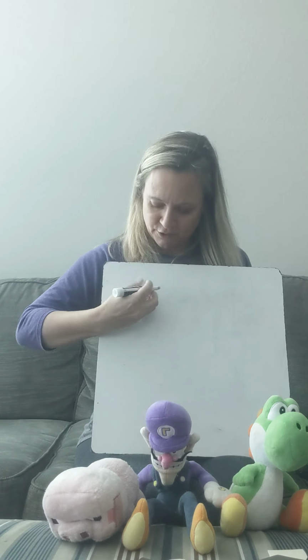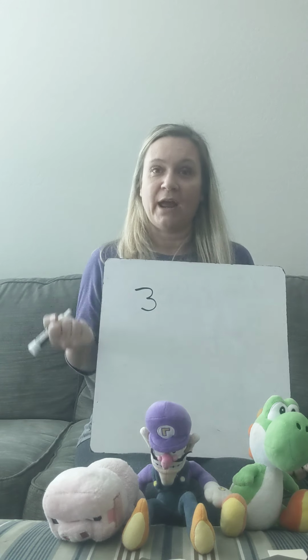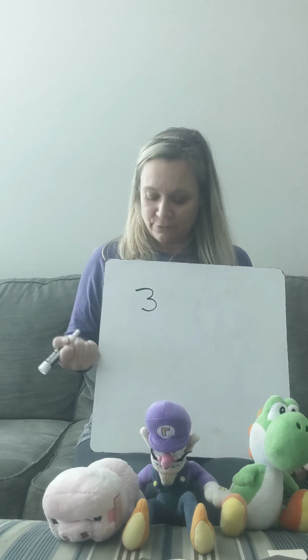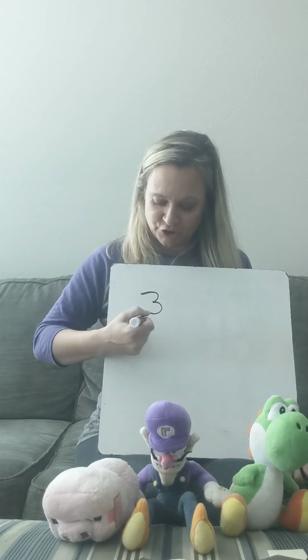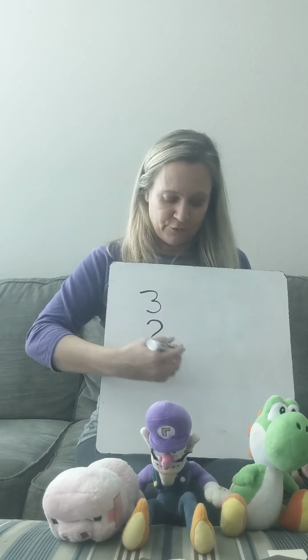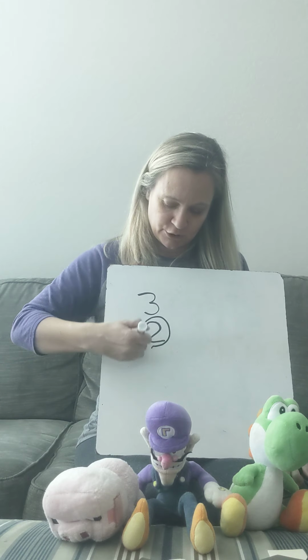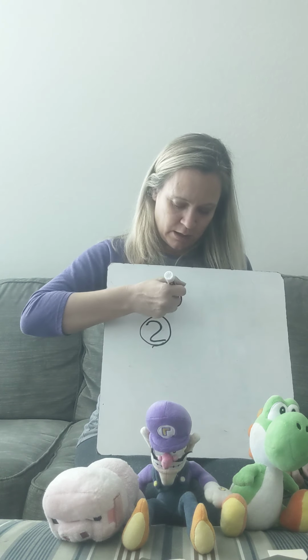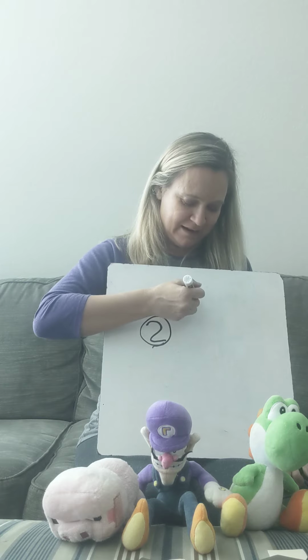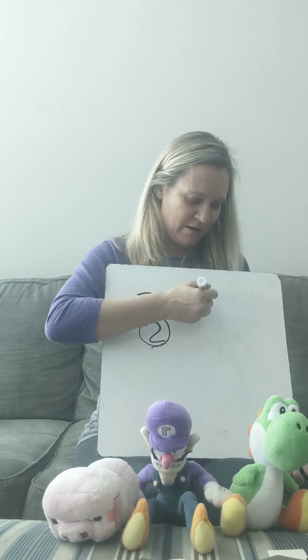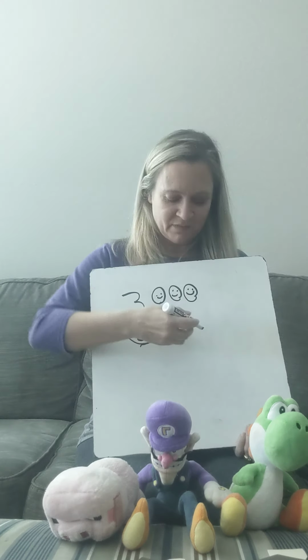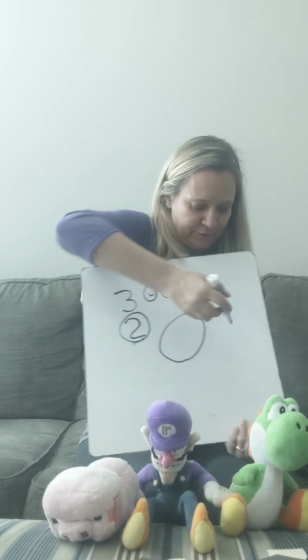So I started with 3 friends, and those 3 friends wanted to share 2 cookies. So I thought to myself, I'm going to take these 2 cookies and divide it for my 3 friends. So here is the first cookie.